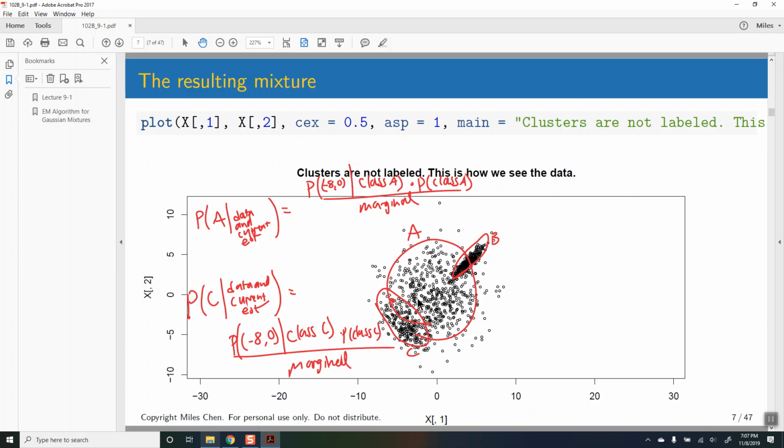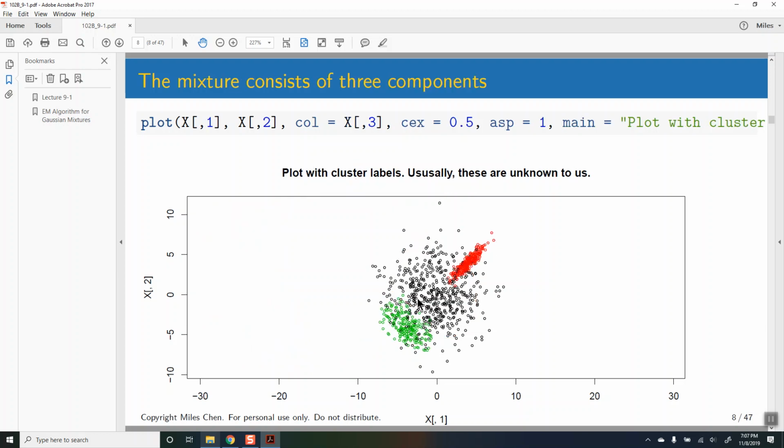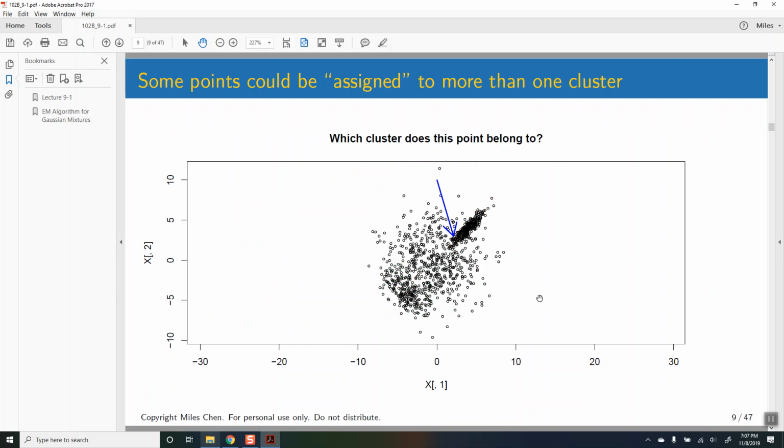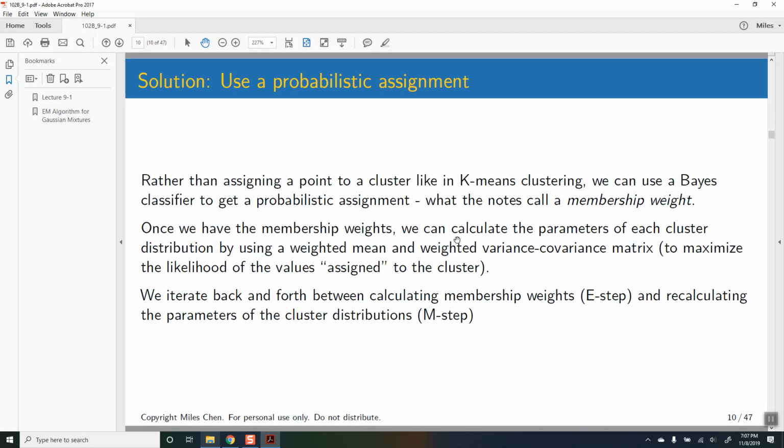And when we ask what the mean is, we take the weighted average of these things. These are the true mixing things. Where does this point go? It could be in the red cluster or the black cluster, but we're not quite sure, so we do some kind of probabilistic thing.